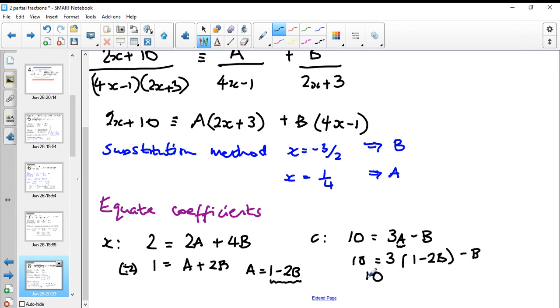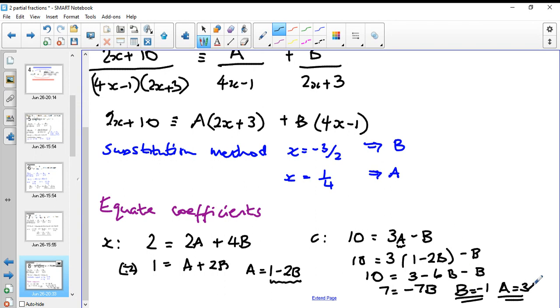So 10 equals 3 minus 6b minus b. That's minus 7b. Take off the 3 gives me 7. So 7 equals minus 7b, which means that b equals minus 1. And if I pop that back into here, then that means that a is going to be 3.